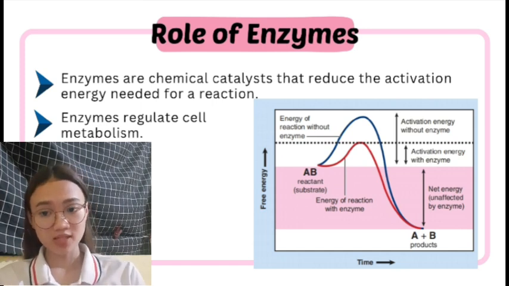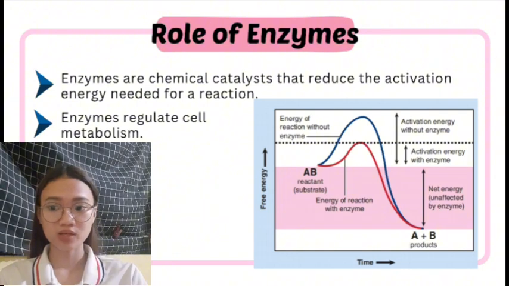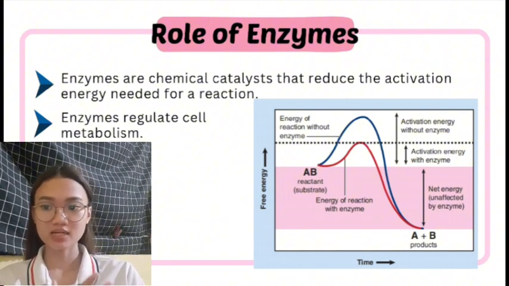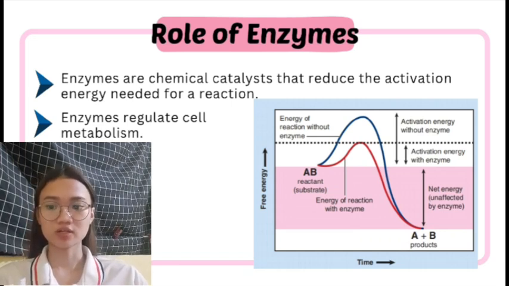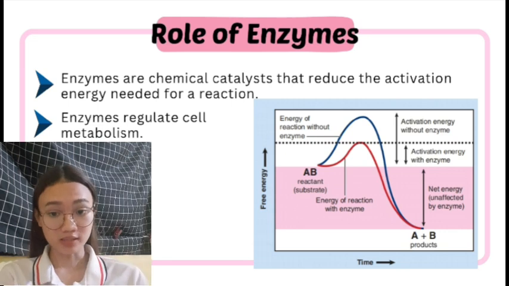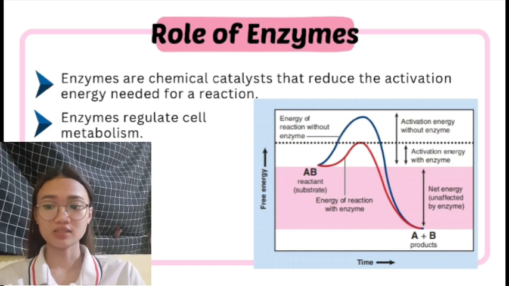So, ibig sabihin, kailangan niya ng tulong. And dito papasok si catalyst. So, si catalyst is a substance that lowers the amount of activation energy to start a chemical reaction. So, si catalyst ang tumutulong sa chemical reaction para hindi sila nagbabago or nagiging bahagi ng reaction.